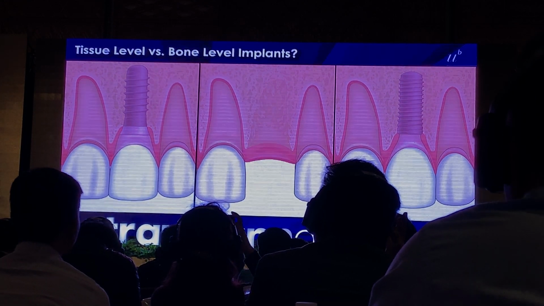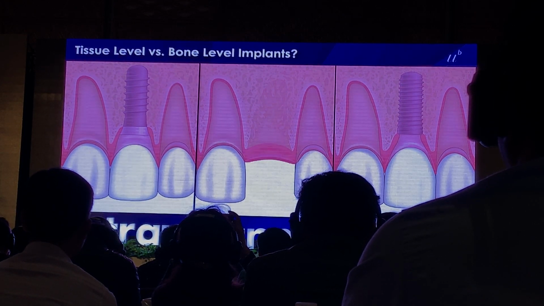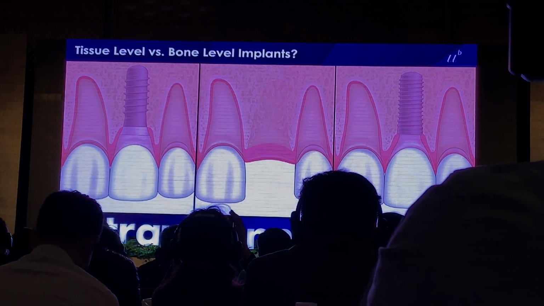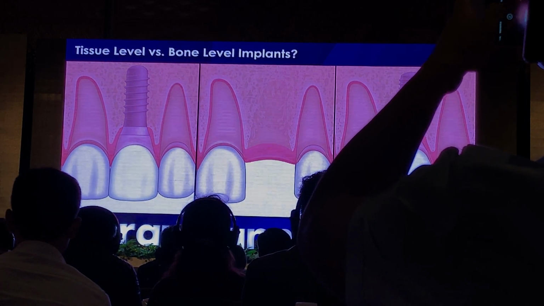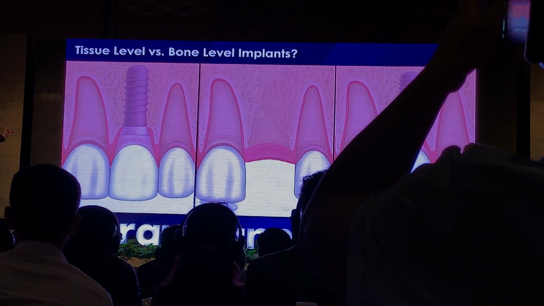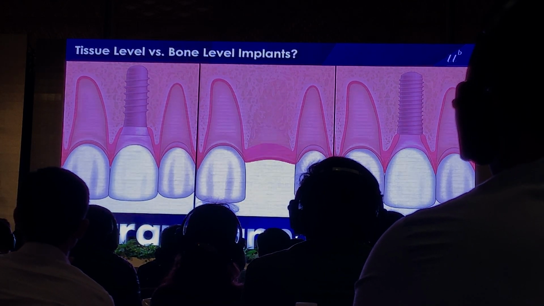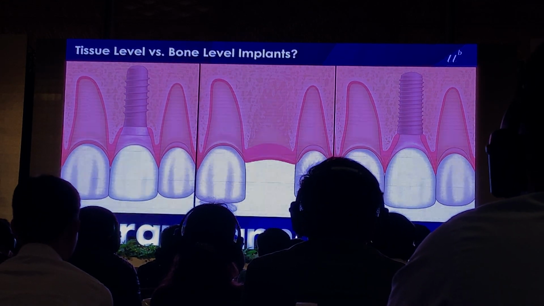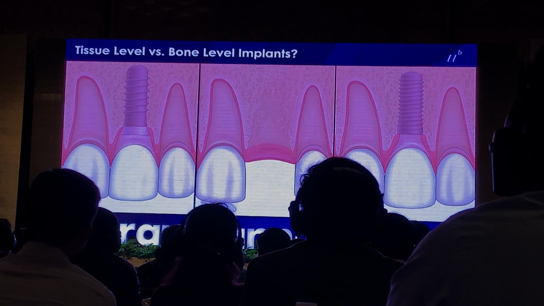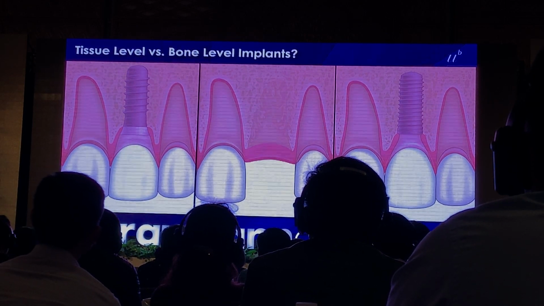That is the indication where I have a strong preference for bone level implants, not in every case, but in most cases. Why is that? The bone level implant has the micrograft surface all the way up, and this is a platform switching implant. Very precise fit inside, and then you don't lose bone at the outside.